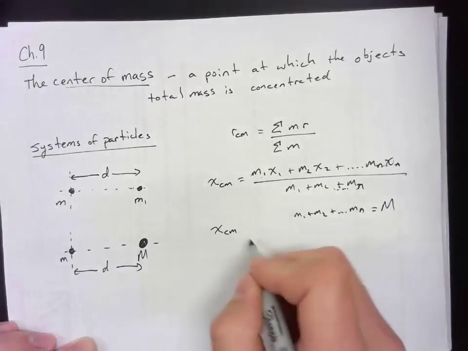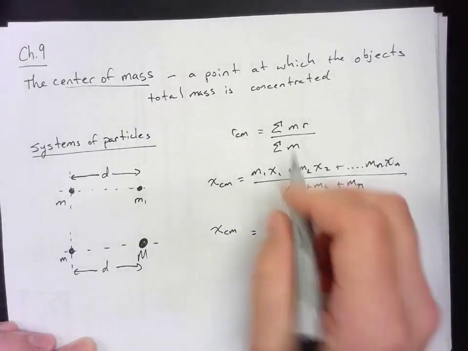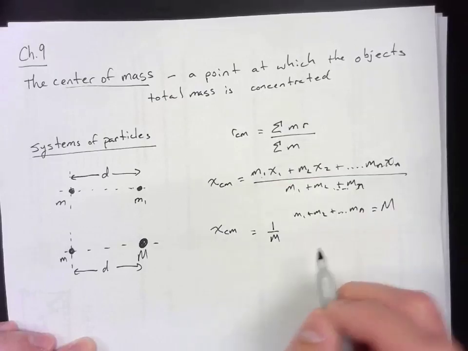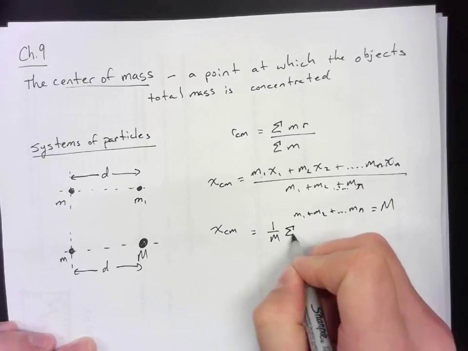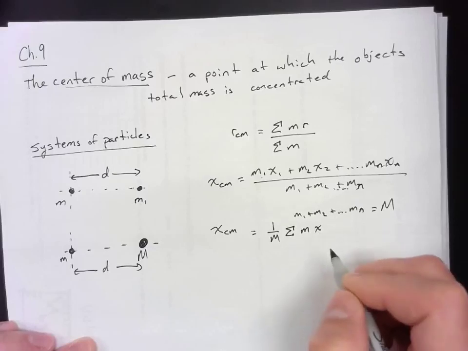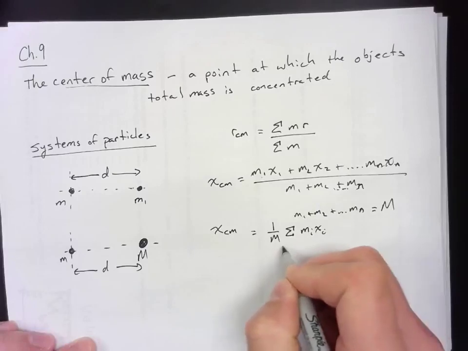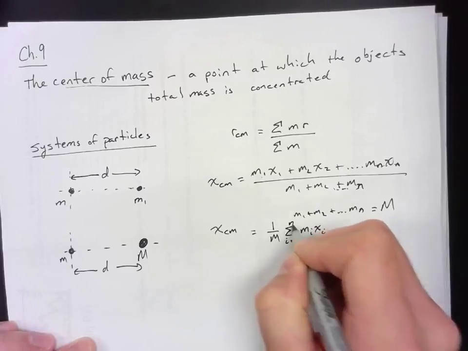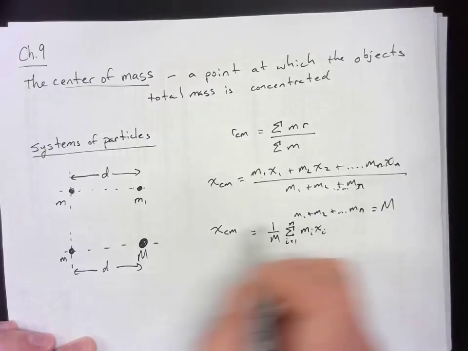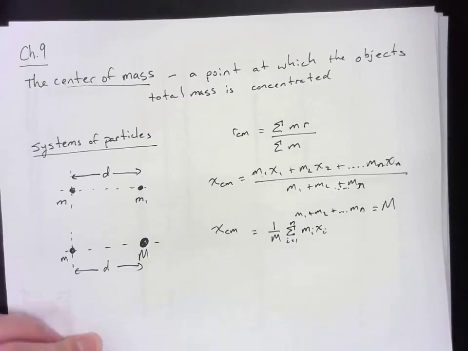So that XCM is going to equal, if we can pull this out and just call that 1 over M times the sum of the masses times their positions, and this is listed as i equals 1 to some number n. All right, and we'll see how that form starts to help us out.